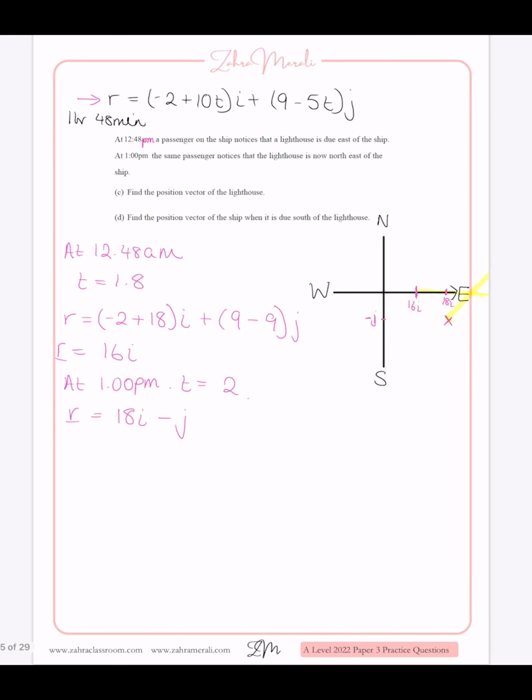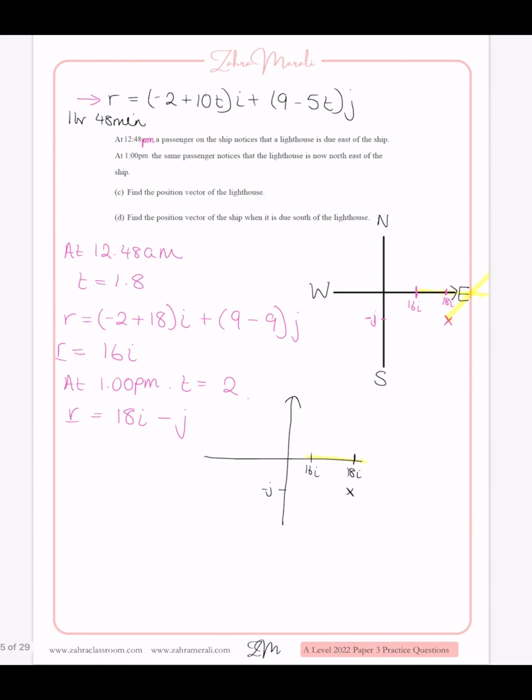So if I redraw it down here, let's say this is your 16I. We said when we're at 16I, we want it to be across here. When it's 18I and minus J, so let's say here, and it's my very, very bad scales.